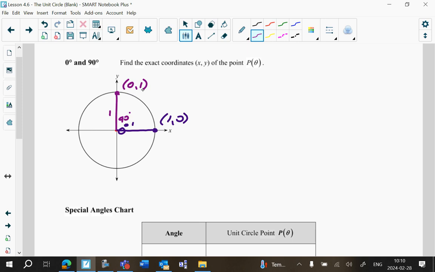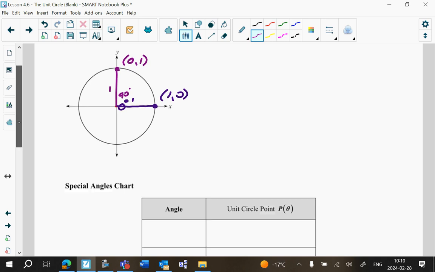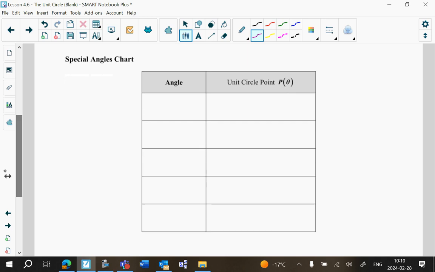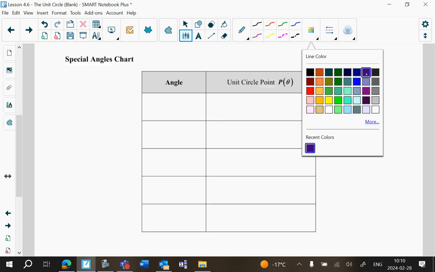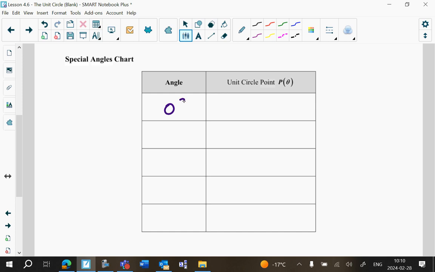So we found 5 values from those last 3 diagrams. We found 0 degrees, 30 degrees, 45, 60, and 90. We just did 0 and 90. Remember, the point on the unit circle, if the angle is 0 degrees, is 1 comma 0. If it's 90 degrees, then it goes a quarter up to 0 comma 1.